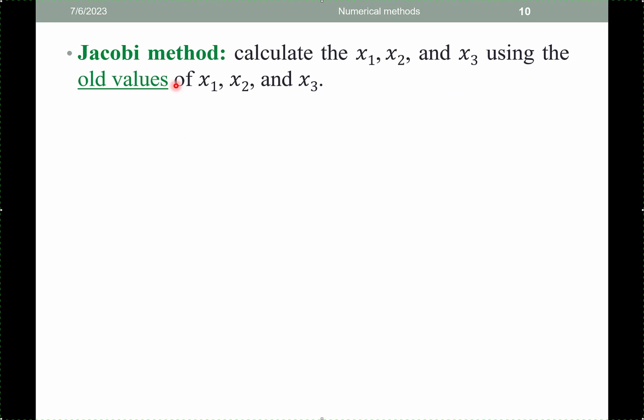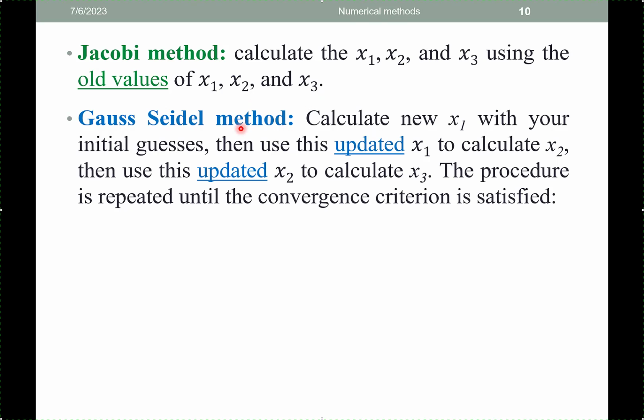The Jacobi method calculates x1, x2, and x3 using old values of x1, x2, x3. So the second iteration depends on the first iteration's values of x1, x2, x3. The Gauss-Seidel method, on the other hand, every time we update one of those variables, we use it in the next calculation. For example, if I calculate a new x1 using the initial guess, then I update my x1 when I'm calculating x2.